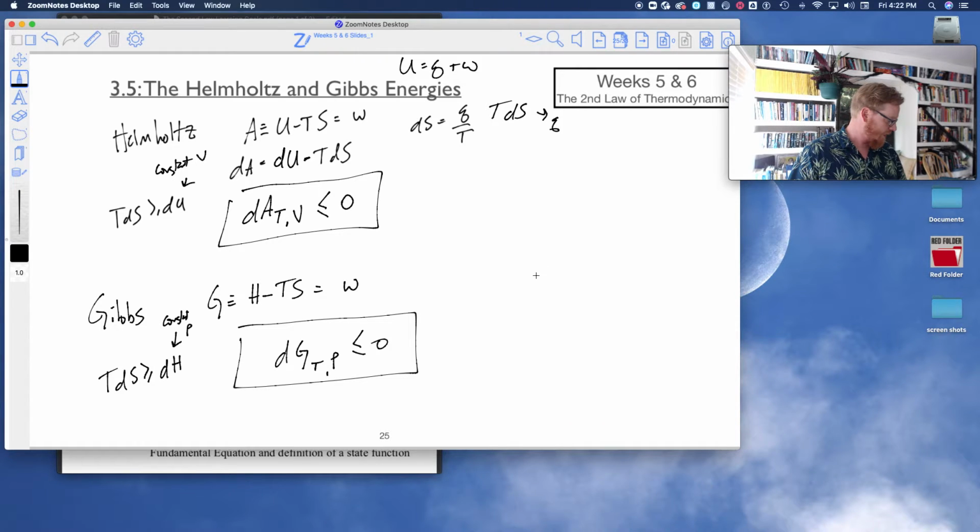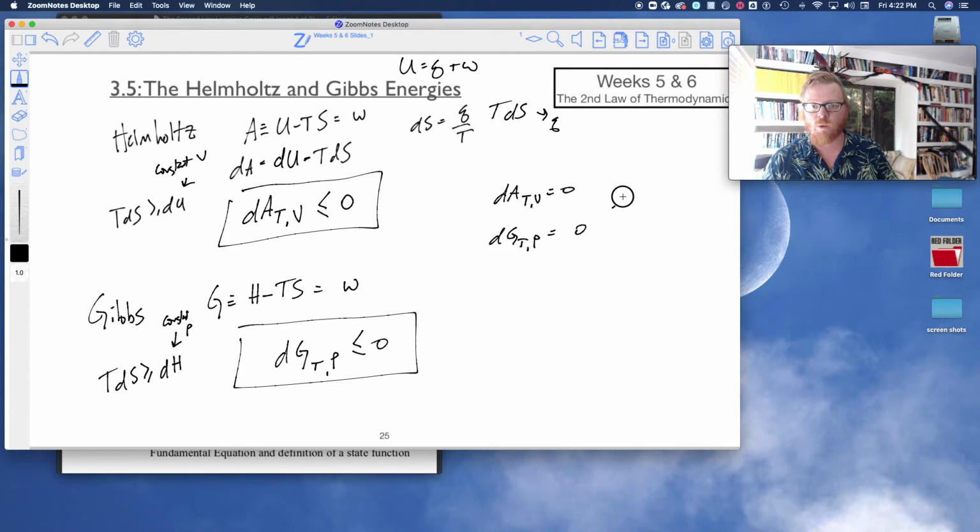So a few more words on this. What about in the case of when these are equal to 0? Okay, so when dA at constant T and V equals 0, or when dG at constant P equals 0, this is a special condition in chemistry that we call equilibrium.